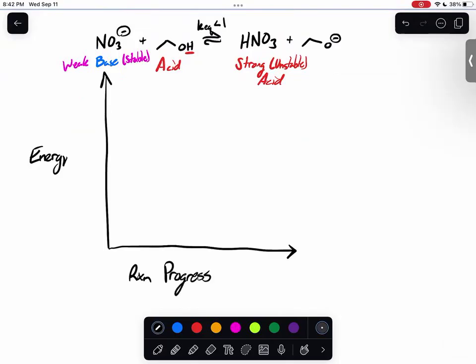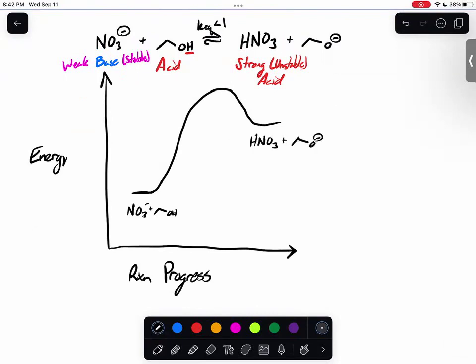We start out at a much lower energy, right? This is where NO3 and ethanol are currently at. And we end up generating this strong acid, which is much higher in energy, right? HNO3, and then we have this oxygen with a negative charge.